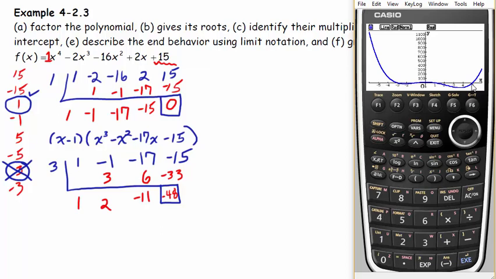I think there might be a root at 5. I can't exactly tell what's going on here though, so I'm going to pull my window in a little closer. So let's say the next root might be over here at negative 3 possibly. Alright, so let's go maybe negative 3.5 to 5.5.